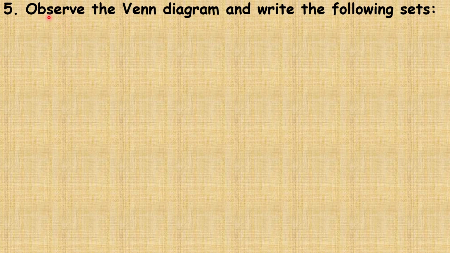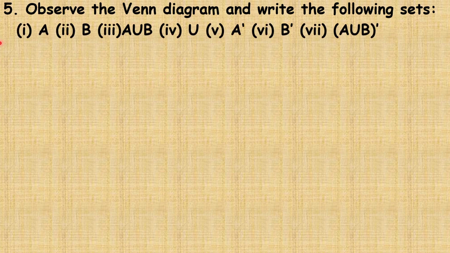Example 5. Observe the Venn diagram and write the following sets: set A, set B, A union B, the universal set, complement of set A, complement of set B, and complement of A union B. Here in the example, a Venn diagram is given.